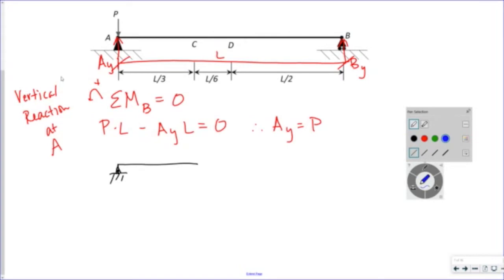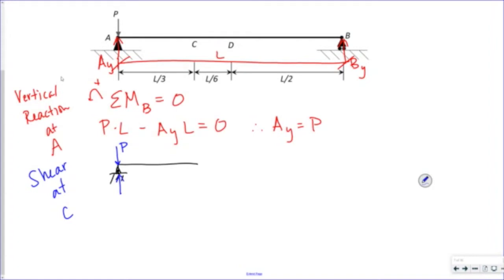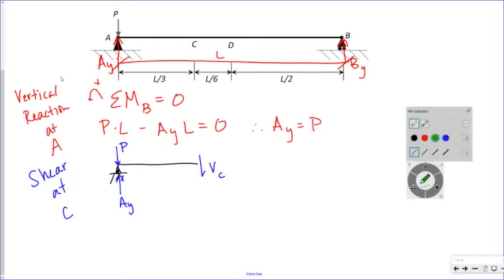Now I'm going to do my shear at C. So my P is still in the same spot. It's at x equals 0. I'm going to have that vertical reaction AY and a shear at point C. That means this distance, right, is L over 3.